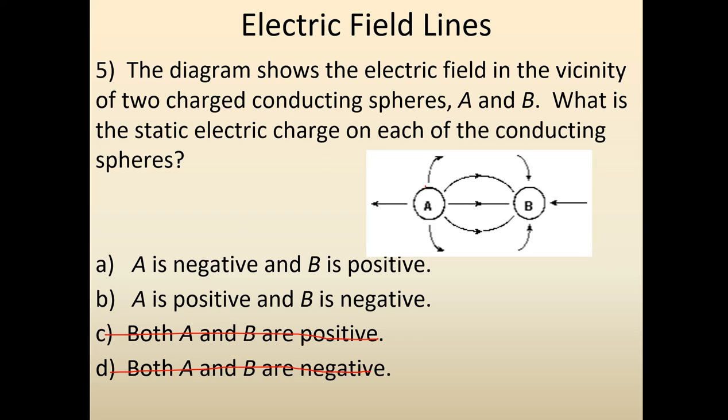Since the lines are going away from A, well, what would a proton do? If a proton's going away from A, that means it's being repelled by A. And only like charges repel, so A has to be positive. And if A is positive, B is negative, which again makes sense because as it gets repelled from A, it starts getting attracted to B, and opposites attract, so B has to be negative.